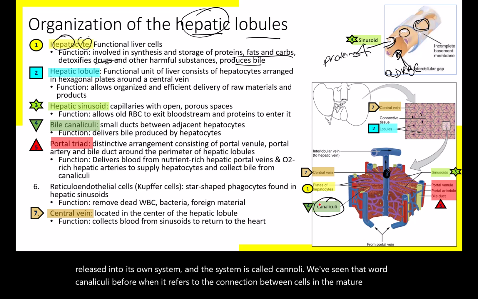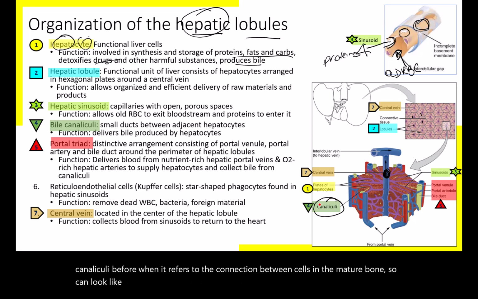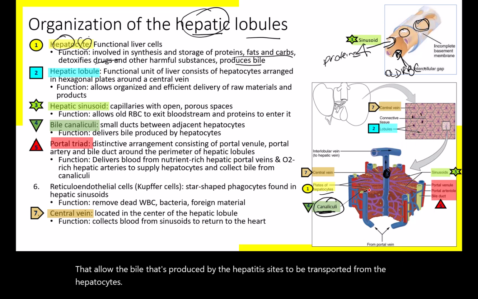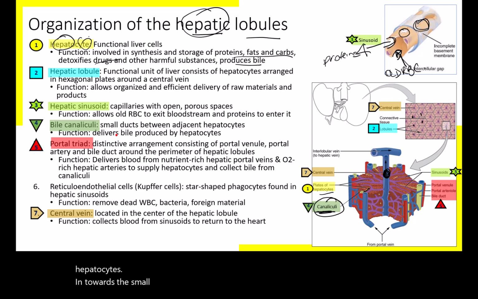So canaliculi connect osteocytes in bone. The canaliculi here are little canals that allow the bile that's produced by the hepatocytes to be transported from the hepatocytes in towards the small intestine, right? So it delivers bile produced by the hepatocytes.